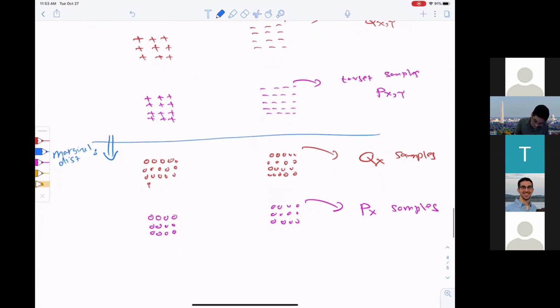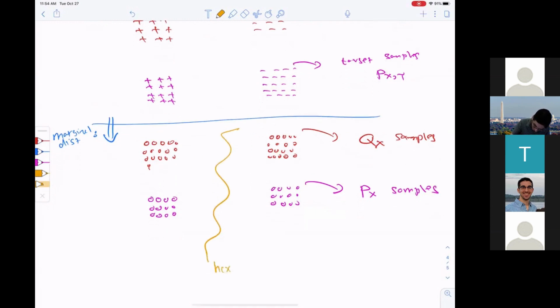Let's say I pick this hypothesis. It doesn't have to be actually linear, just to be clear. Let's say this is my hypothesis, H. And my hypothesis maps the points on the right-hand side to 1 and on the left-hand side to 0.